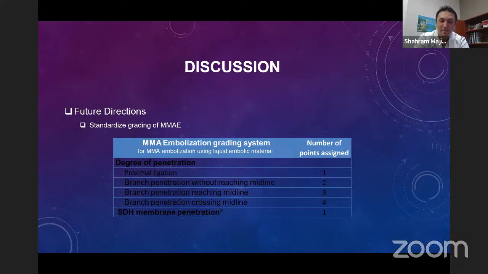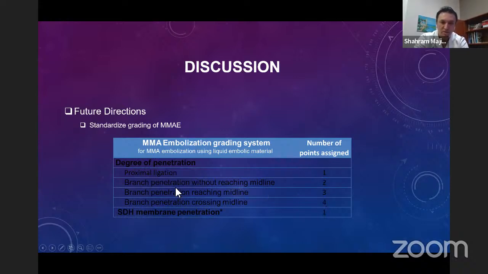We believe this standardized grading system will help us to further understand the clinical and outcome significance of deep penetration of the embolic material and comprehensive devascularization of the MMA branches in these patients. This grading system is from 1 to 5.